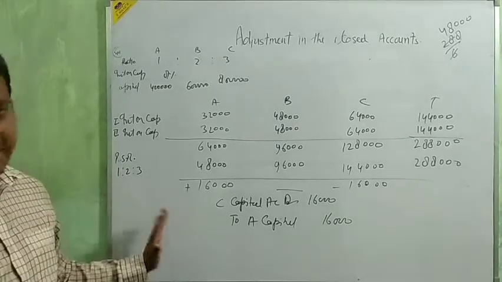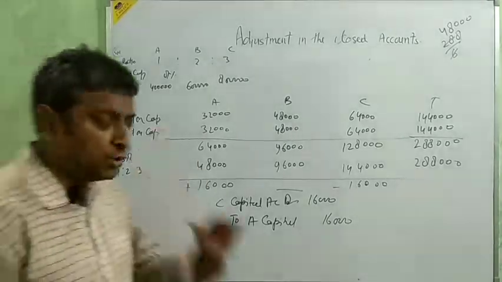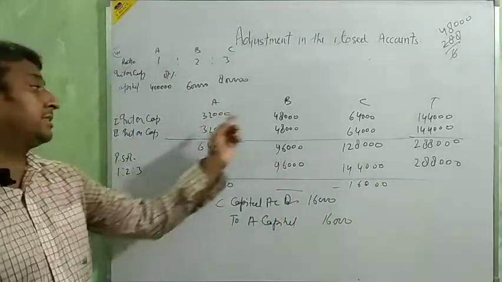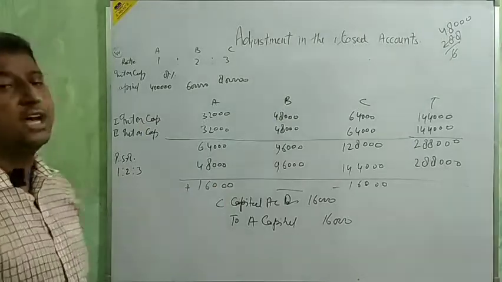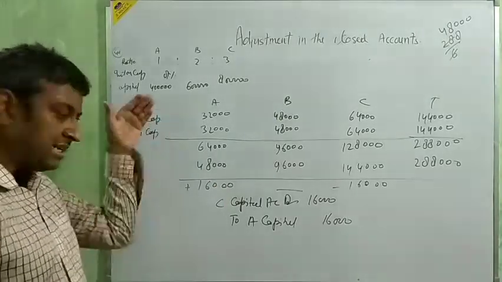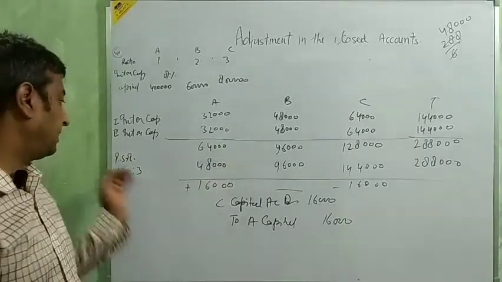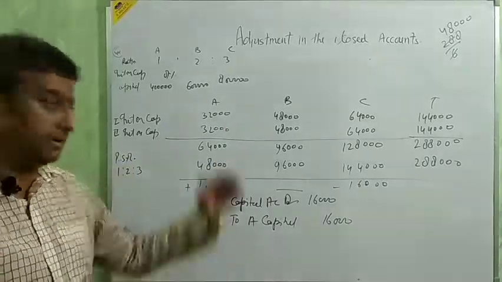Okay, clear, beta? In this way, because of 2 years, we are taking the interest on capital for the first year, then second year. If you want, solve the 2 years separately: distribute that 1 year profit, then the second year profit, then add.